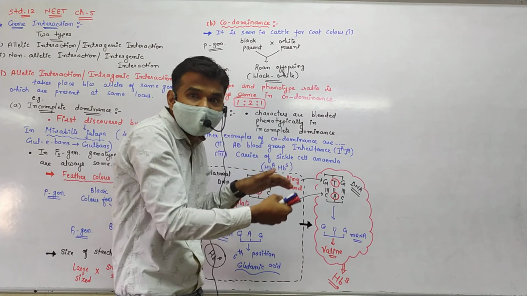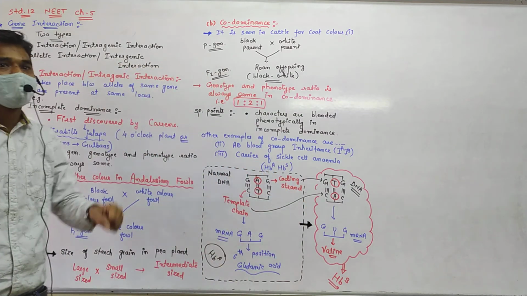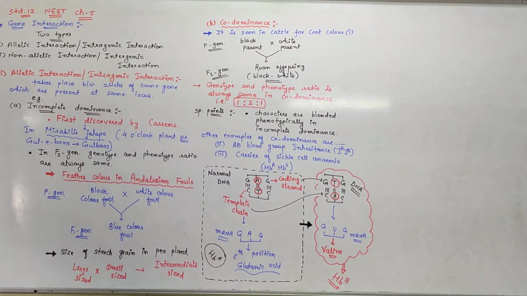As a result, on the mRNA strand, purine is replaced by pyrimidine. And as a result, at the time of hemoglobin formation, the 6th position will be altered.